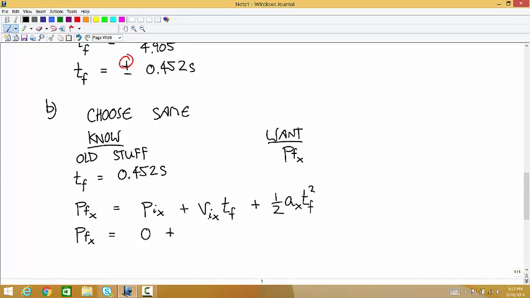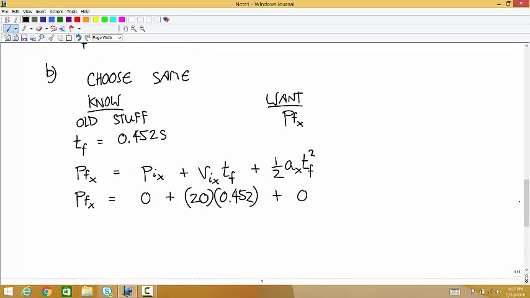And then VIX is 20. So we have 20 times time final that we calculated before, 0.452. And then what's the X component of the acceleration? 0. So this whole term goes away. So this is 9.04, I think, meters.